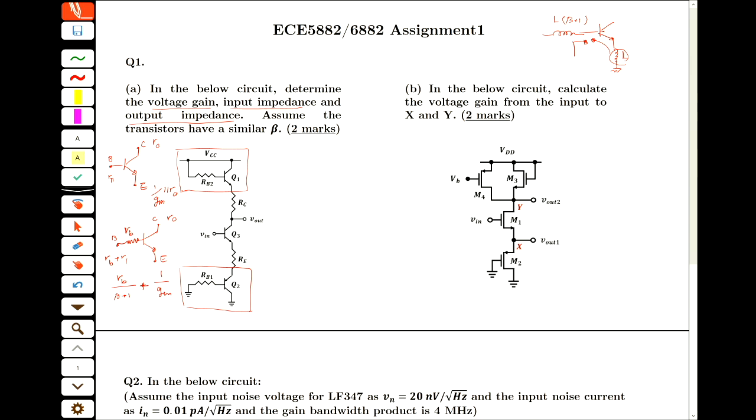The same thing from the other side. If we have something in the base and we want to see its effect in the emitter, just divide it by beta plus 1 and put it there.